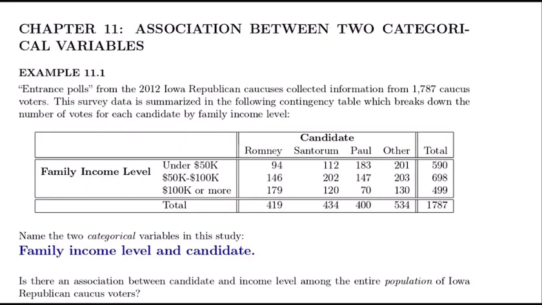Now, let's say you're given a contingency table like this. And of course, there are going to be several questions asked. Name the two categorical variables in the study. Of course, it is family income level and candidates.